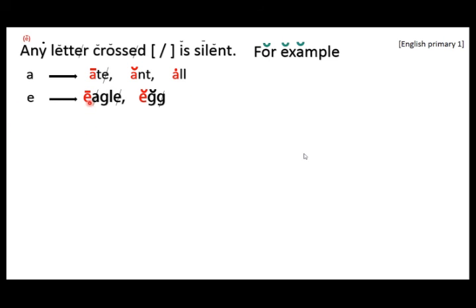E, we have eagle, eagle. Egg, egg. Eyes, and ink. So we have I for eye, E for ink. O, we have owl, and O for ostrich.